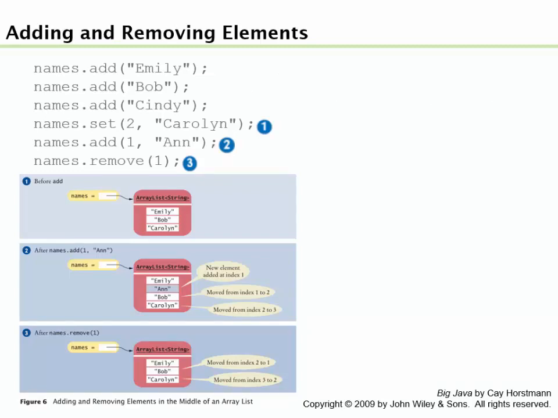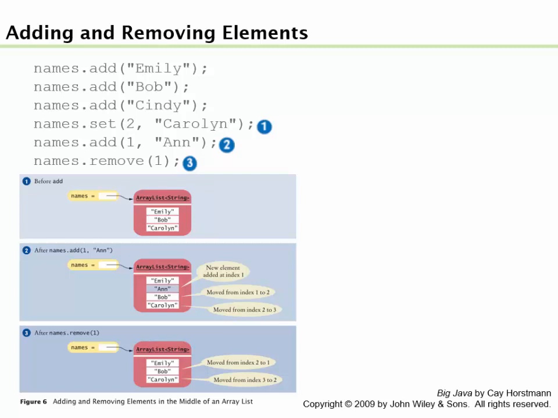So if we're going to transform this a little bit, we put in Emily, we put in Bob, we put in Cindy, and then we set 2, which is Cindy's slot, to Carolyn. So right here, now we have Emily, Bob, and Carolyn, and then we add Ann to the list.